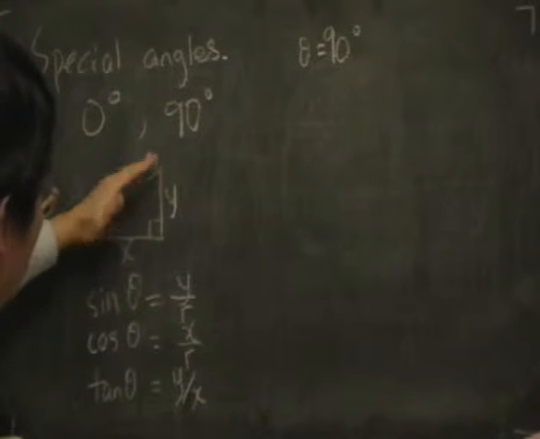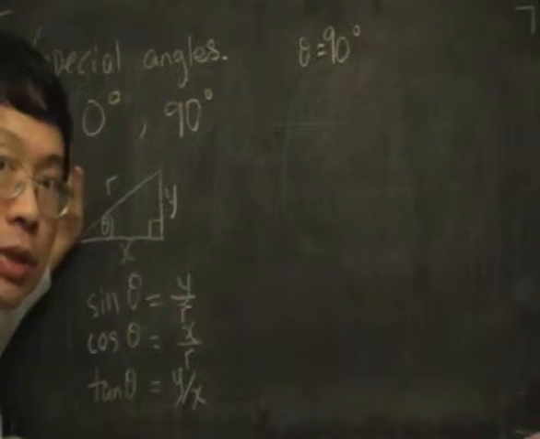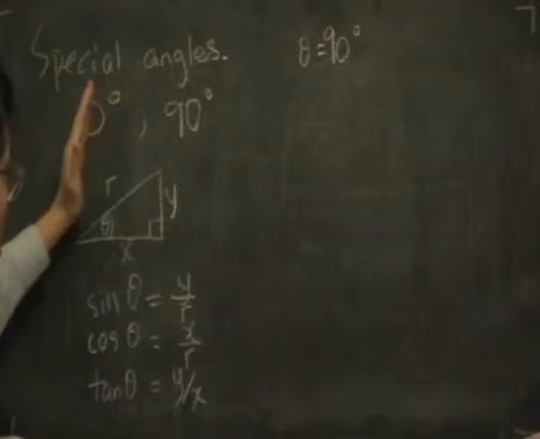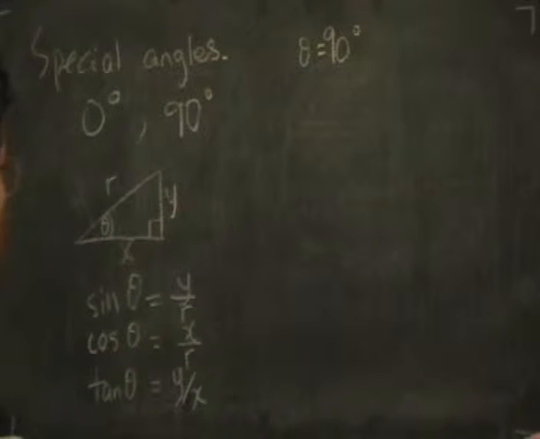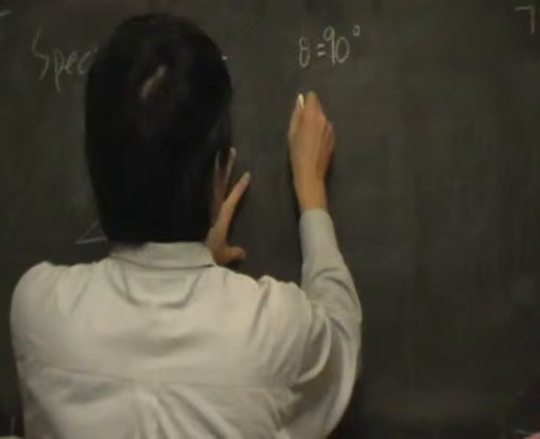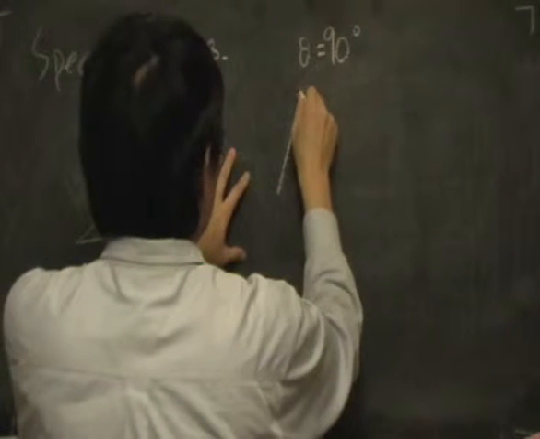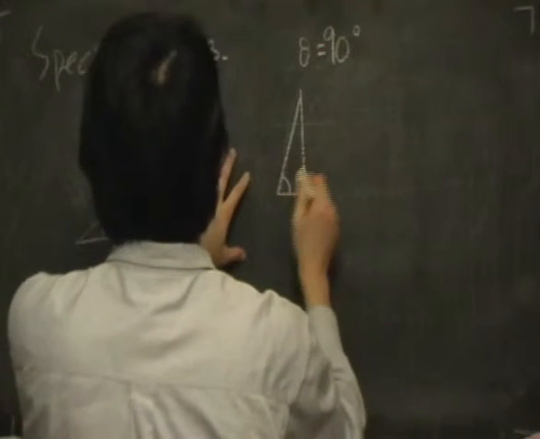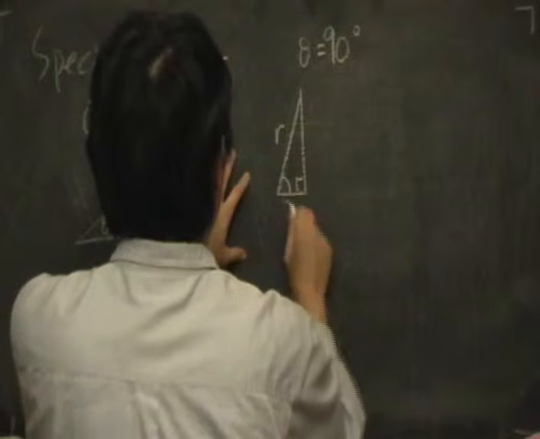Now imagine that we increase the angle to 90 degrees. Let me start by increasing it to just a large angle, maybe 80 degrees, and see what it looks like. So a very large angle will give a triangle that looks like that. That's the x, r, and y.